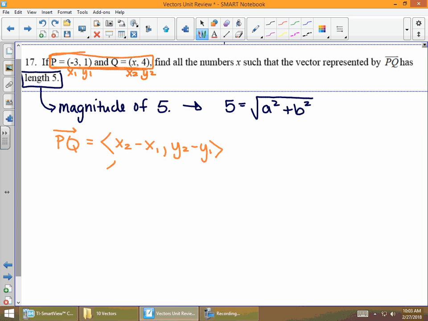So let's put those numbers in there. Our X2 is actually X. Our X1 is negative 3. Our Y2 is 4. And our Y1 is 1. So our vector is X plus 3, 3.